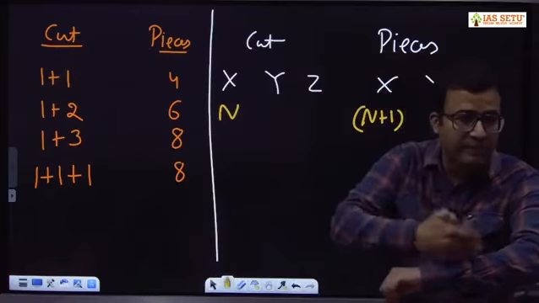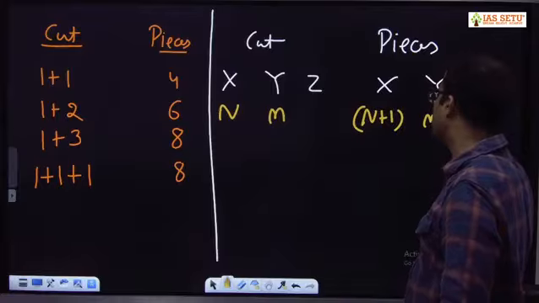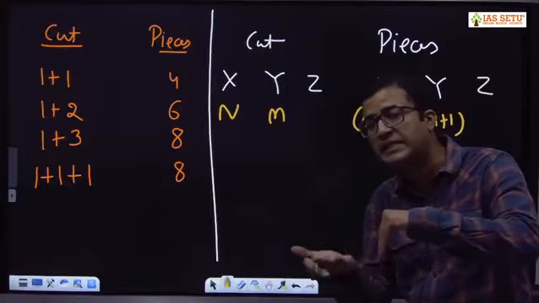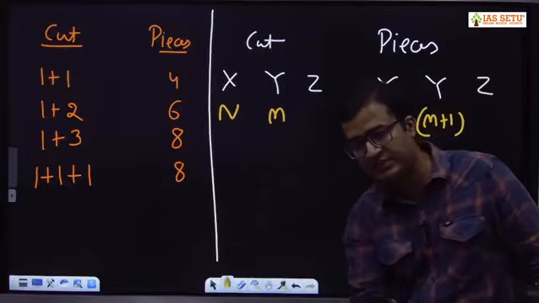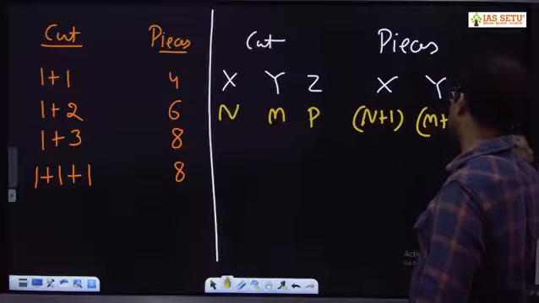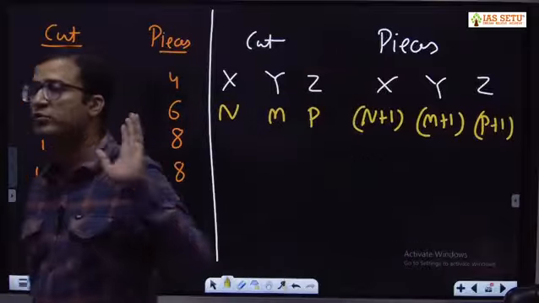If you make m cuts along the Y axis, then we will get m plus 1 pieces along the Y axis. If you make p cuts along the Z axis, you will get p plus 1 pieces along the Z axis. Cut to pieces, you have to add 1.